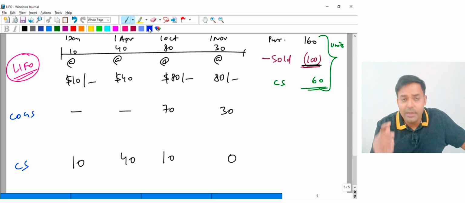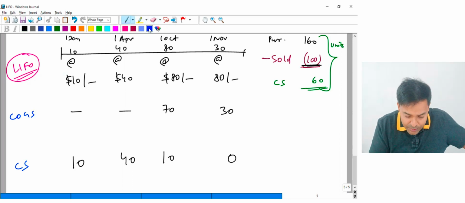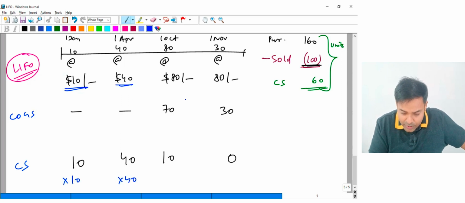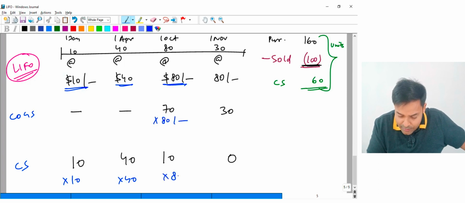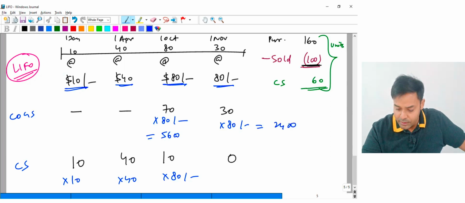After that, it's very simple, guys. You just need to plug in the values. So $10, I'm just multiplying with $10. $40, multiplying by 40. 80 is going to be here, multiplied by 80. So if you see the value here, it is 5,600. The value here is 2,400. So what is the total coming? 5,600 plus 2,400, it should be $8,000.